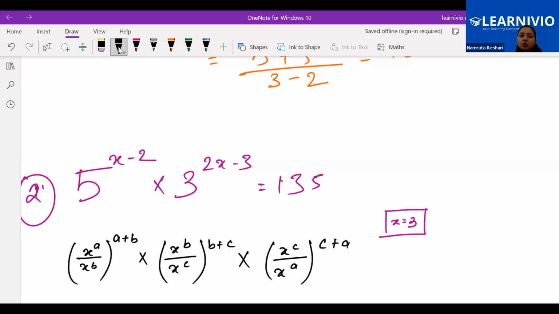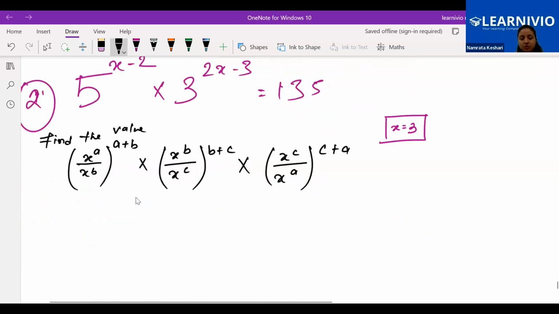Find the value of this given exponential expression.